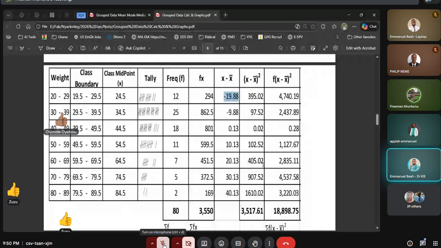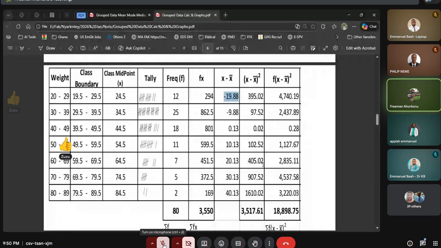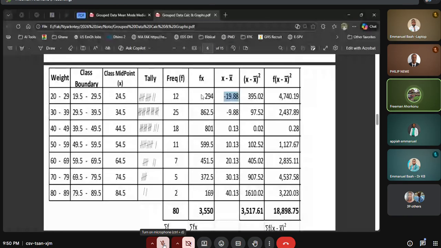Yes, please. This whole thing, don't worry, I'll use the computer and do it again. But once you understand it, you should go and do it correctly. Now, the next step is saying that you use f to multiply the square of x minus x bar. So we have x minus x bar here.